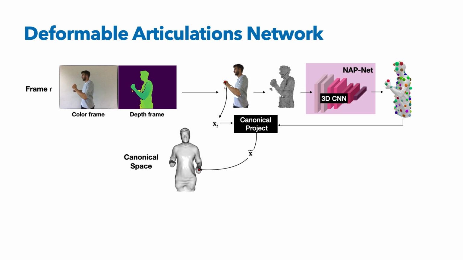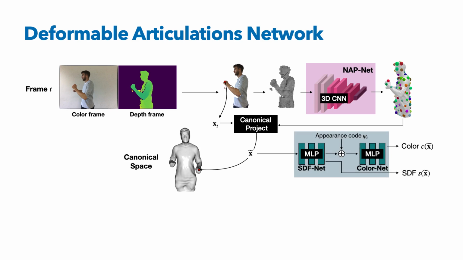Given an observed point x_t and the estimated bones at frame t, we project it into the canonical space as x_c. The position of the x_c will be fed into the SDF-Net to predict the SDF value at that position, and also the color net to predict the color at that point. The SDF is crucial to define the 3D human mesh at that frame.